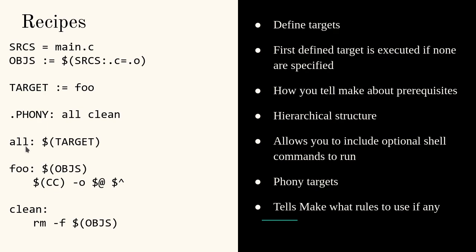You know what I mean? So it's not perfect, but it's the easiest way for Make to make sure that it doesn't try to do a thing before a file exists.